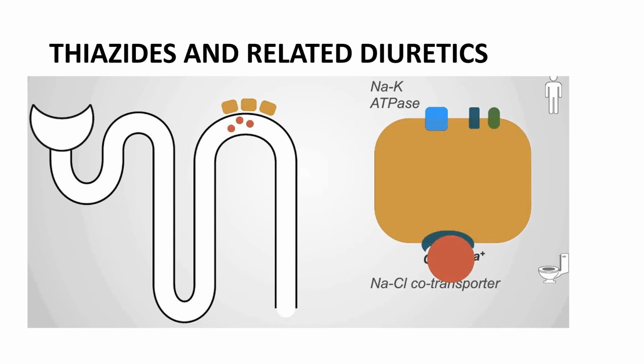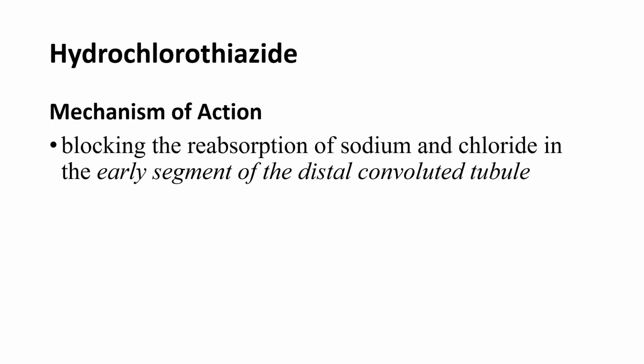Now for your thiazide and related diuretics. So the prototype is your hydrochlorothiazide. The mechanism of action is that it promotes urine production by blocking the reabsorption of sodium and chloride in the early segment of the distal convoluted tubule.